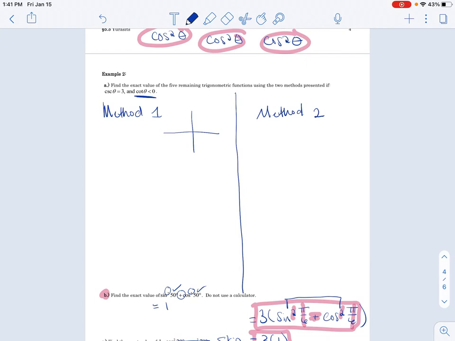But if cotangent's negative, remember your definition of cotangent is x over y, that means your x's have to be negative, because a negative divided by a positive gives you a negative. So I'm looking at x's are negative, but my y's are positive. And so that means I have to be in quadrant 2.